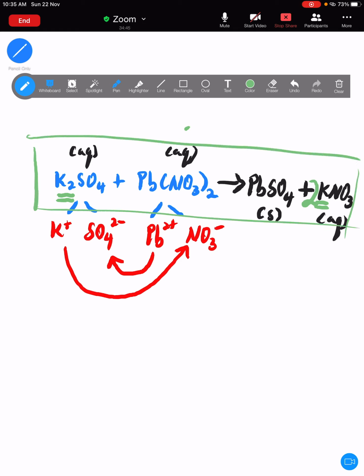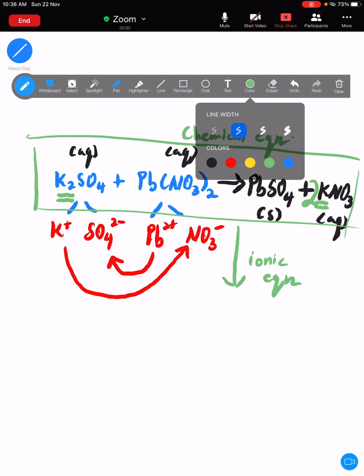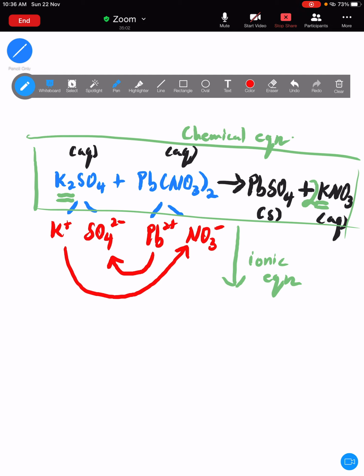Okay, this is what we call a chemical equation. This is your chemical equation. Let's change this chemical equation into an ionic equation. Remember, in the ionic equation our main focus will be the PbSO4.